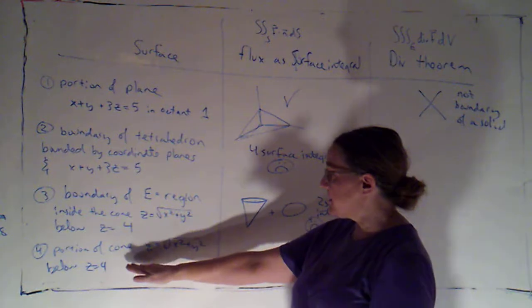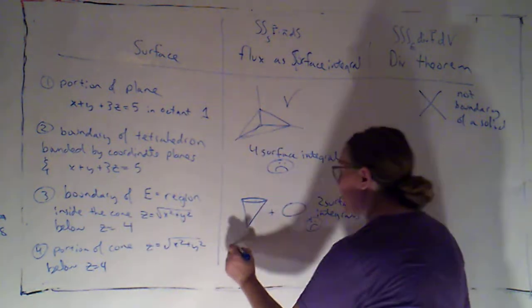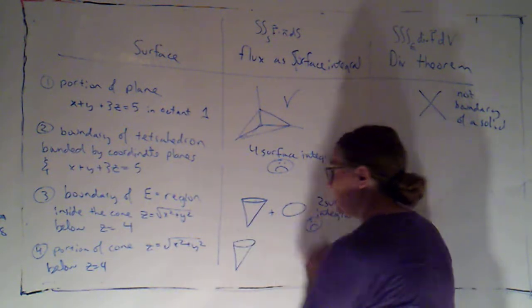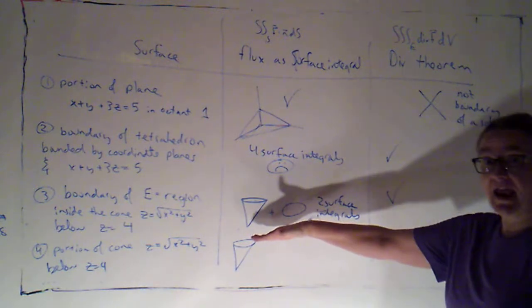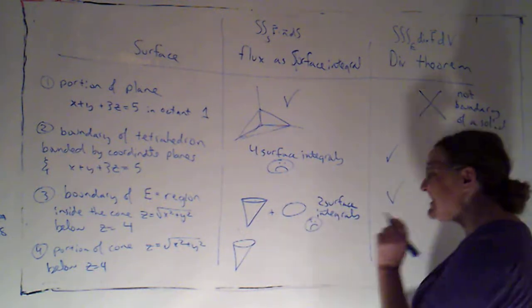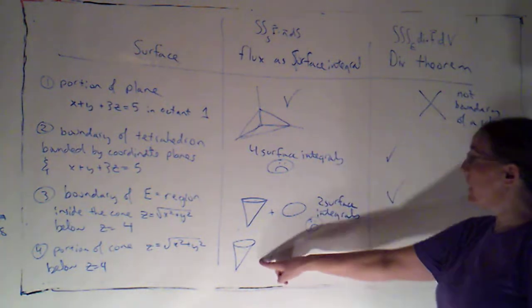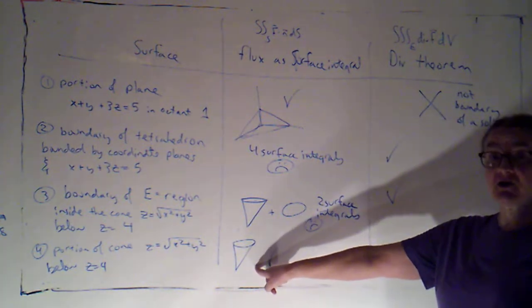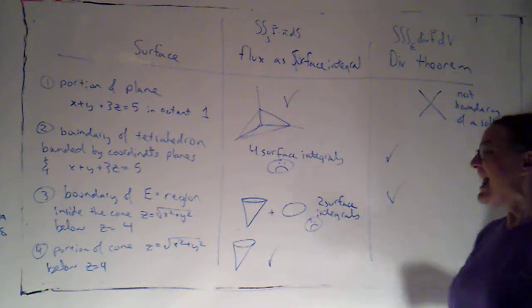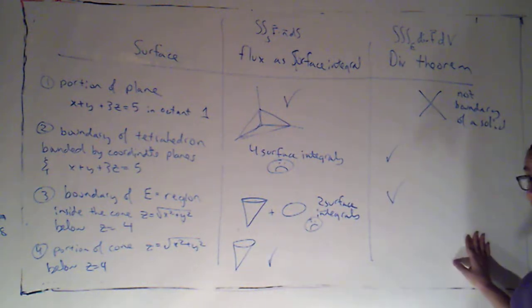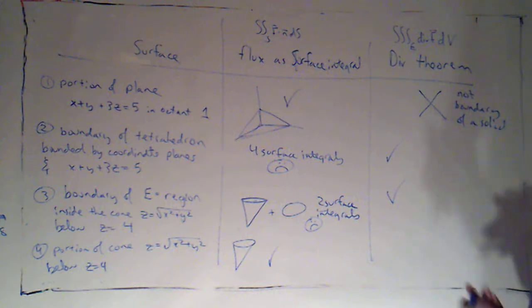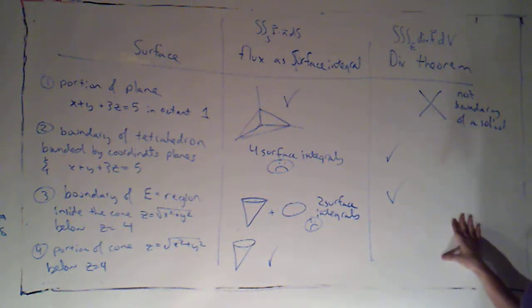Compare that though to this, which is just the portion of the cone below z = 4 with no cap on top. That's not the boundary of a region. So here I would probably do that one as a surface integral. If I wanted to use the divergence theorem, I could, but I'd have to adjust.